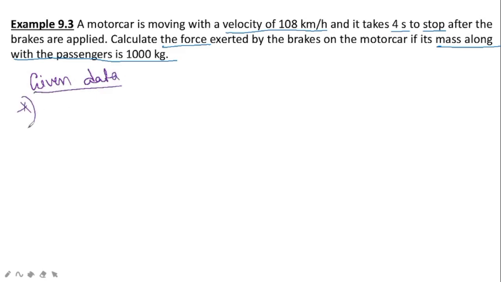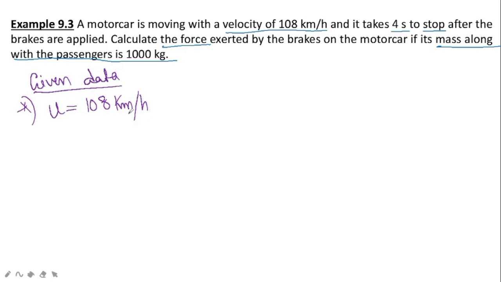So now we will start it. A motor car is moving with a velocity of 108 km per hour. So what does it represent? It represents u, that is the initial velocity, which is equal to 108 km per hour. But what is the SI unit of velocity? It is meter per second.